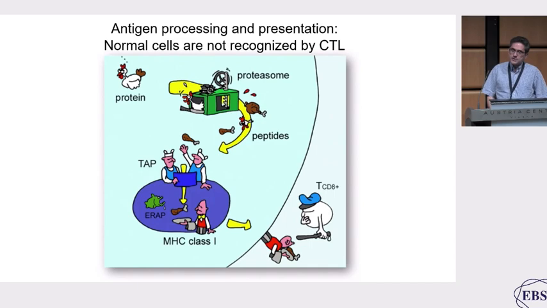There, they're further processed by aminopeptidases, shown here as a green piranha, the ERAP, and they're loaded into freshly folded, nascent MHC class I molecules. These are moved to the surface and interrogated by T cells, in particular CD8 positive T cells shown here.